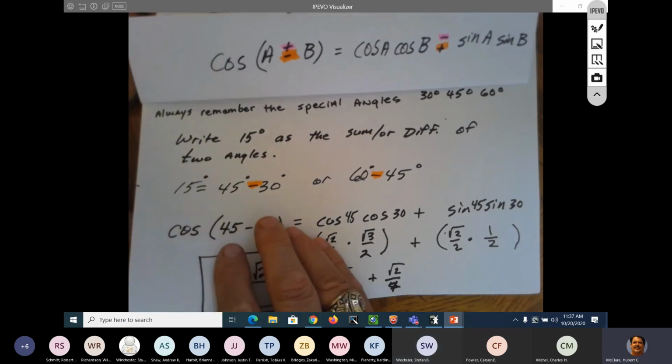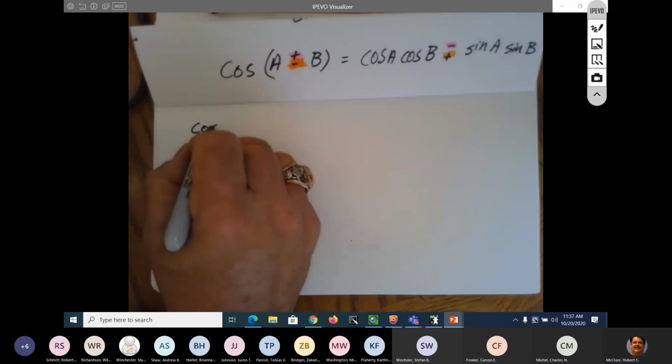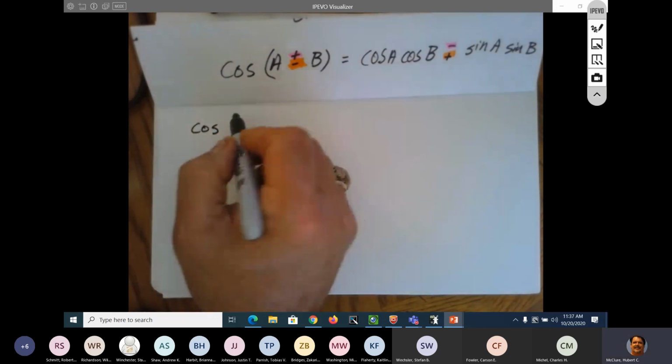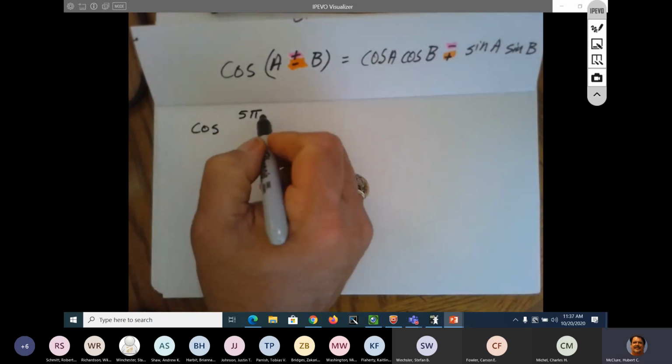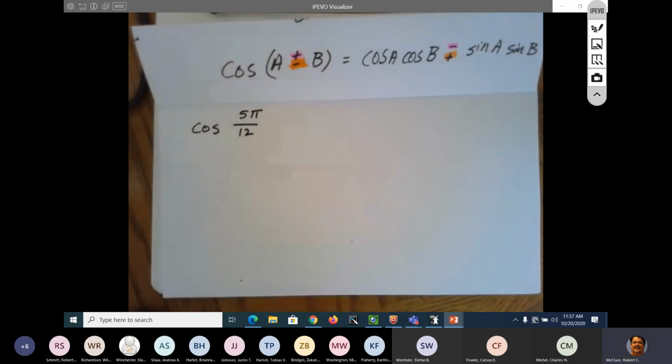Now let's do cosine of 5 pi over 12. Now be careful here.